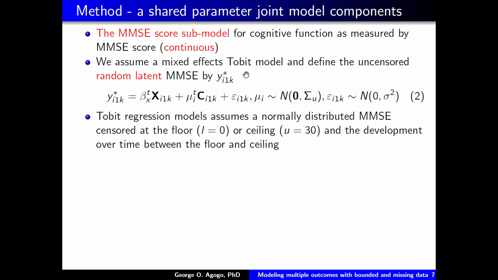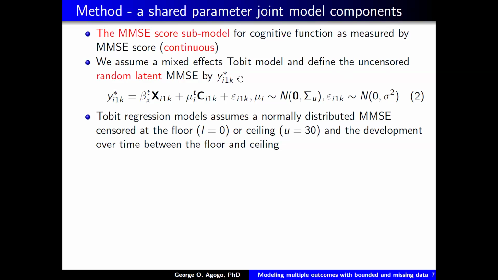A Tobit model is able to account for the bounding between the minimum and maximum values, and we define an uncensored latent MMSE score. It's latent in such a way that we don't observe it.